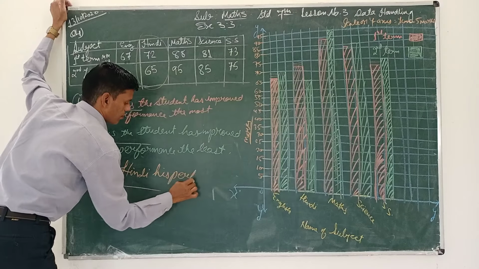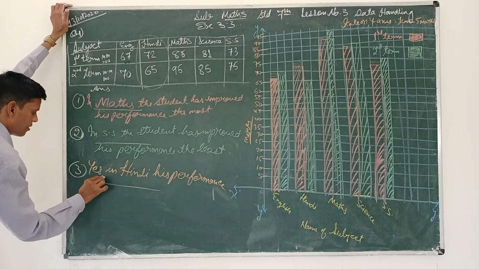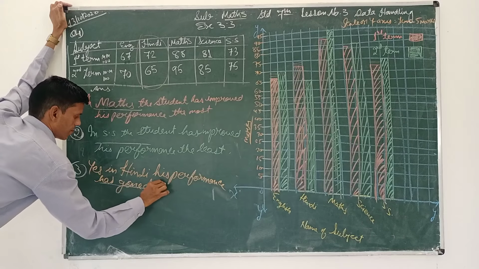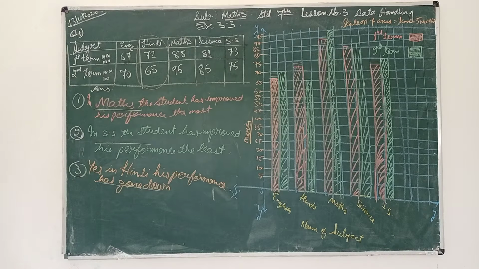His performance has gone down. Okay, this way you can give the answer. Is that clear? Now, student, this way you can draw this. Okay, you can do your sum like this.